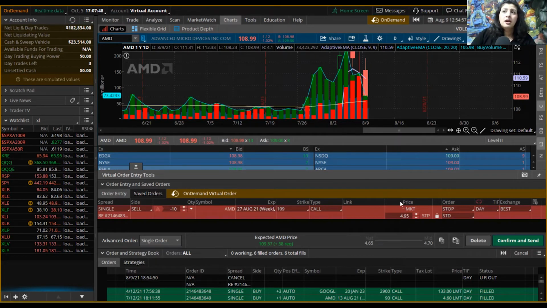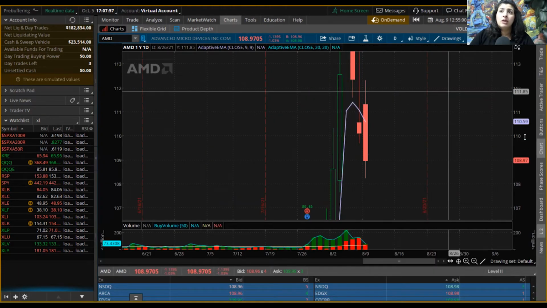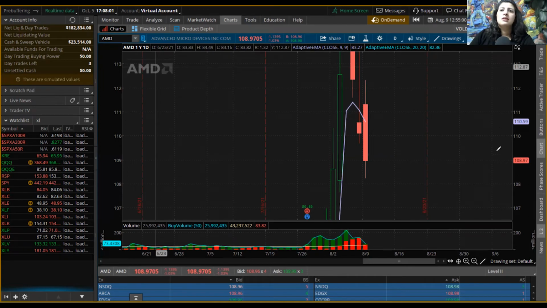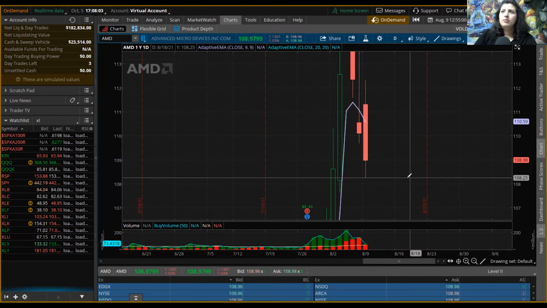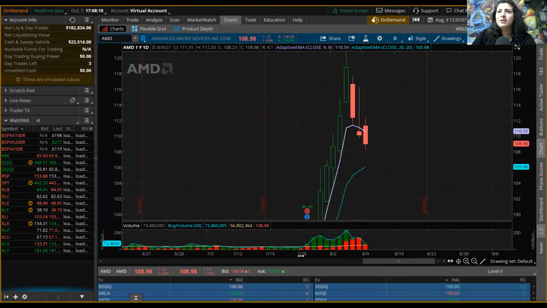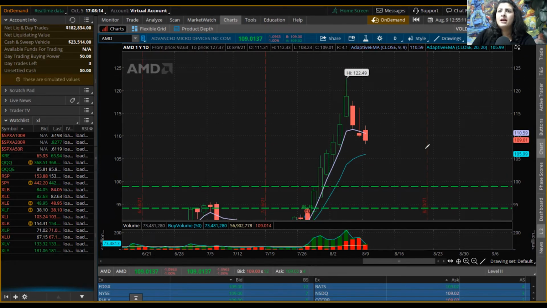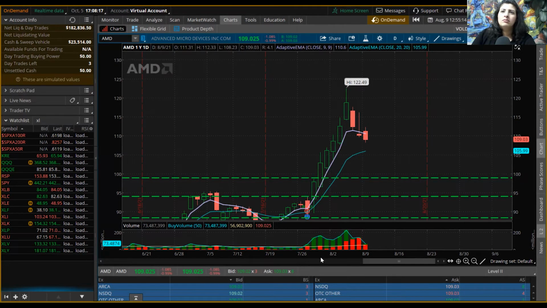Since I clicked on the stop loss, I could change it, but it should have actually gotten me out now. Yeah, it did. While it was buffering, we ended up getting tapped out, so it hit our stop loss.